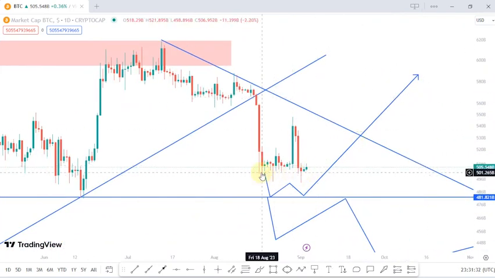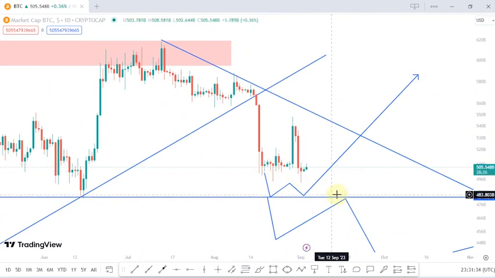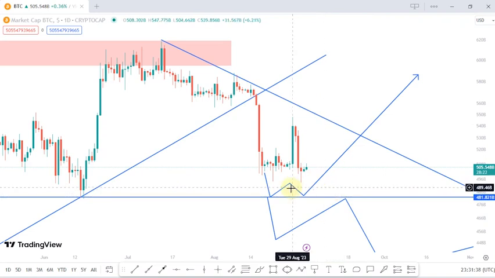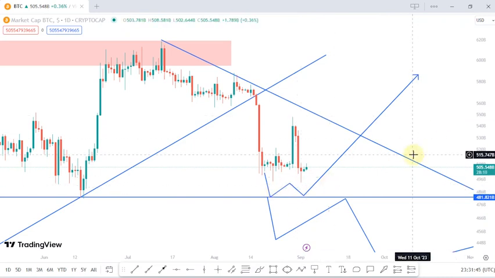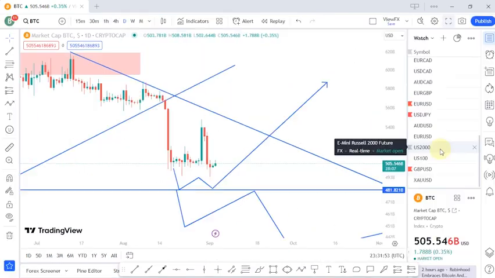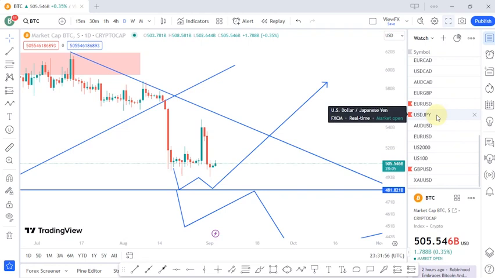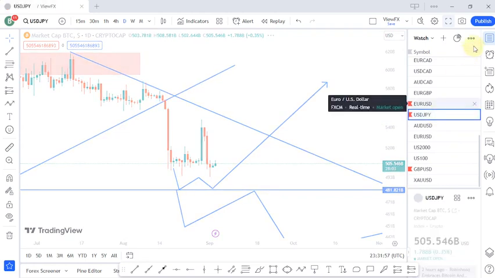It's still here, but I'm expecting Bitcoin to get down to this support and resistance level. But meanwhile, let's hope that it's going to do that in this month. So let's take the last, which is USDJPY.